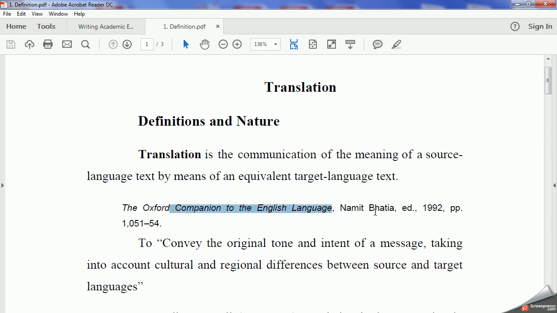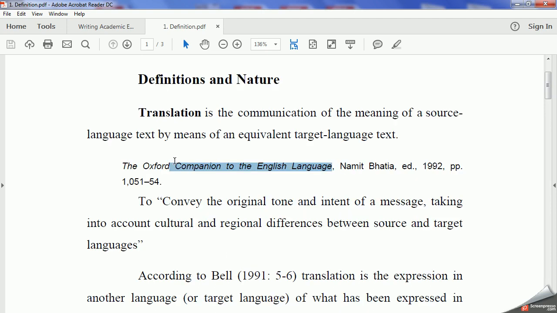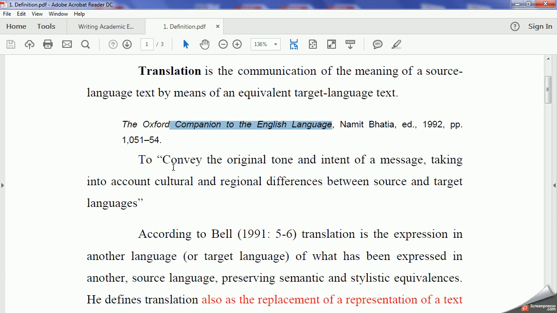It suggests that the process of translation aims to communicate the meaning from one language to another language, conveying the original tone and intent of a message, taking into account, and this is a very important aspect, that the translator should pay attention to the cultural and regional differences between source and target language.